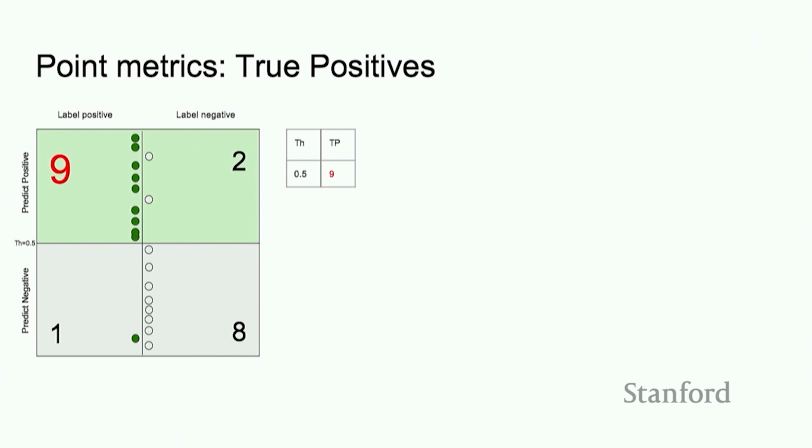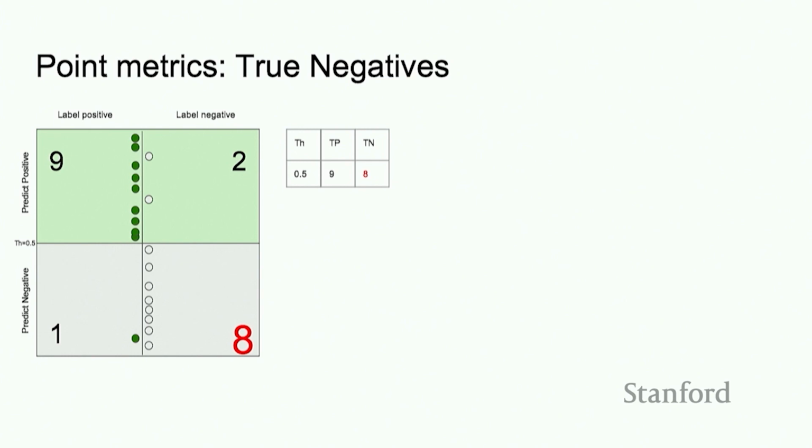So in this case, true positive is 9, right? And on the right hand side, we're going to start extracting these metrics or statistics out of this confusion matrix.